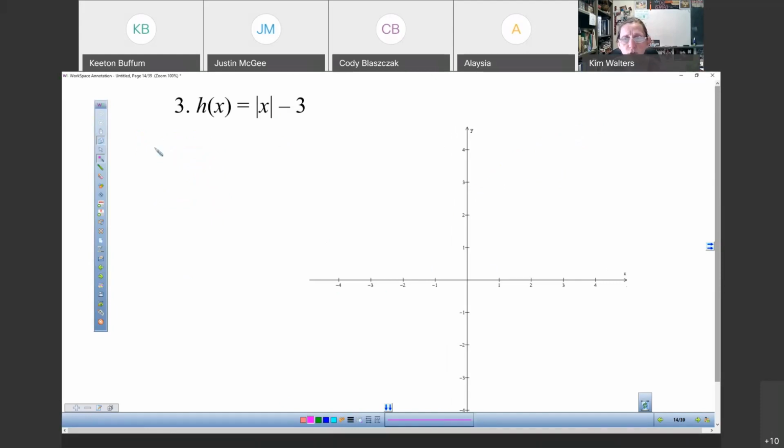Basic toolbox function. So my basic function is y is equal to the absolute value of x. We're starting to get that idea. Where is it shifting?